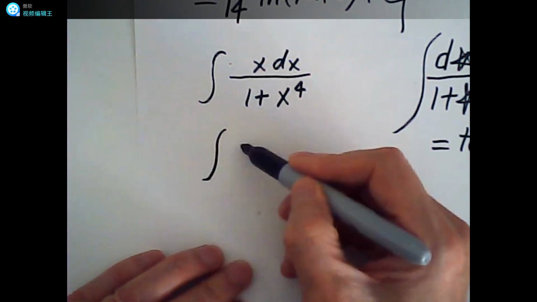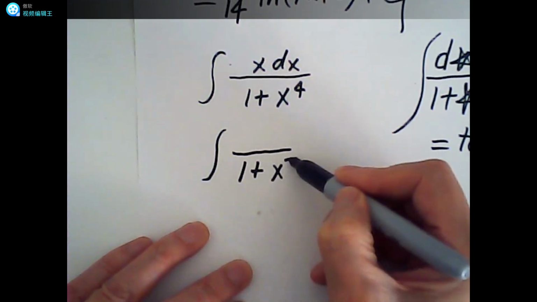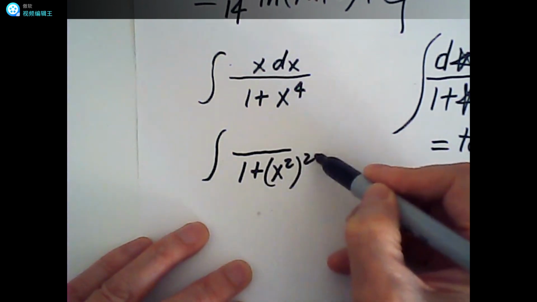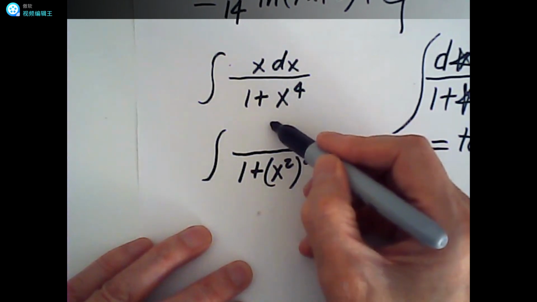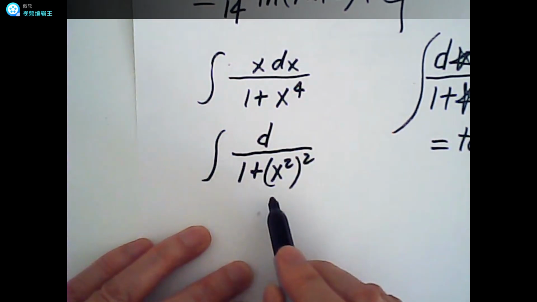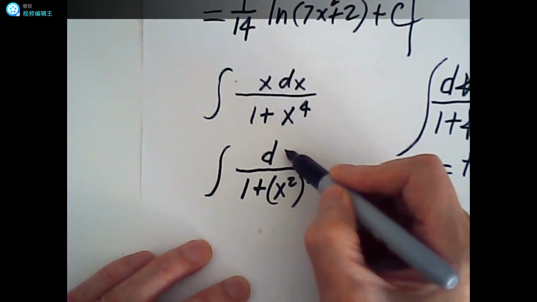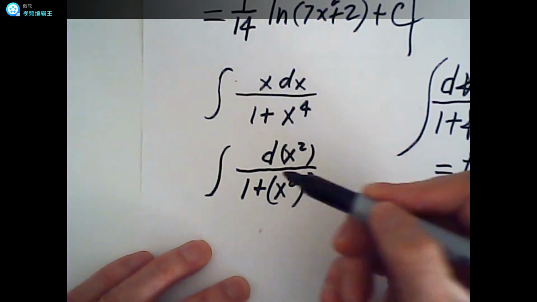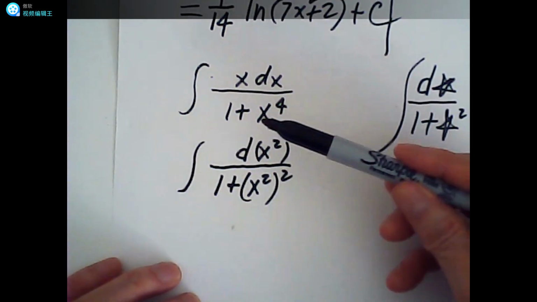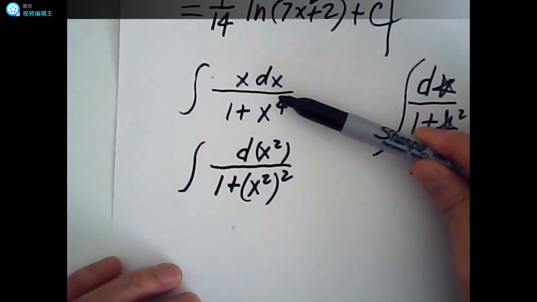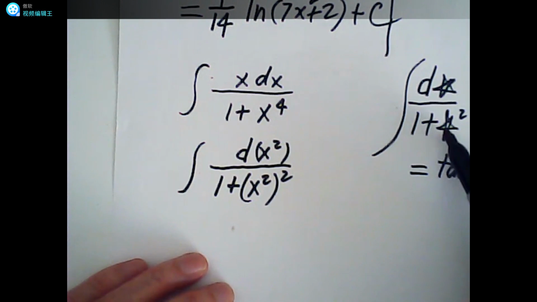So I'm writing d x squared over 1 plus x squared squared, right? So this has to be x squared. If I can successfully transform this integral into that one, then we can apply this formula and we are finished.